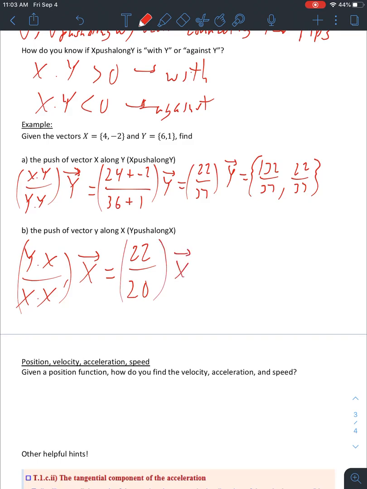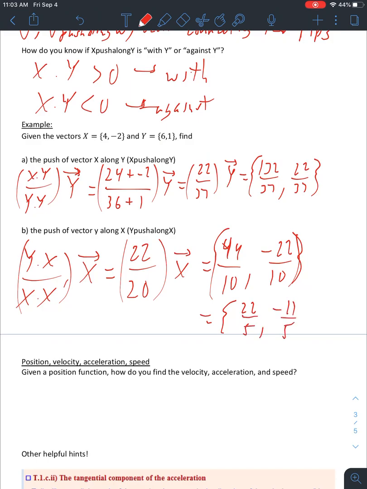We can reduce that to 11 tenths, and multiplying that by vector x, we would get 44 tenths, negative 22 tenths. And we can reduce that to 22 fifths, negative 11 fifths. So that would be the vector y push along x.